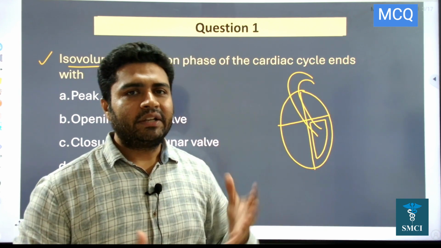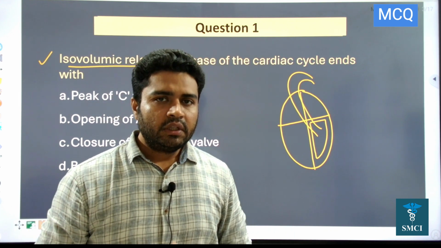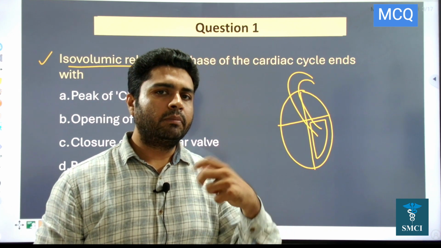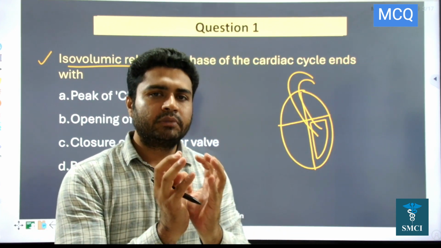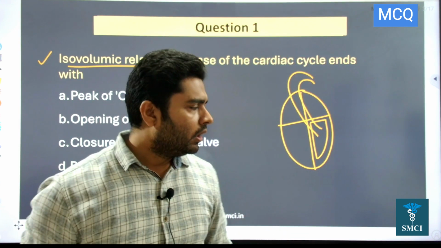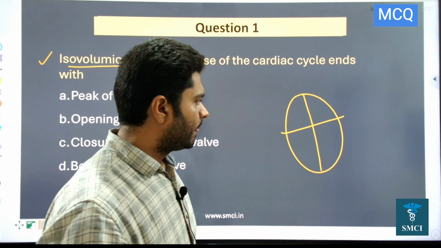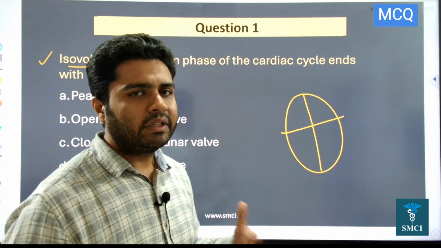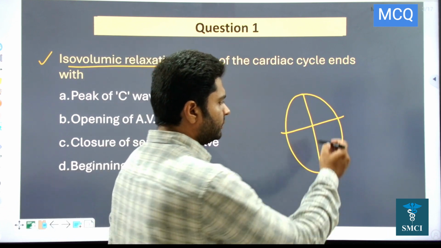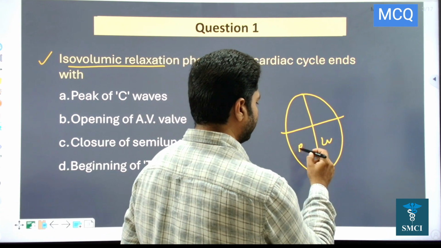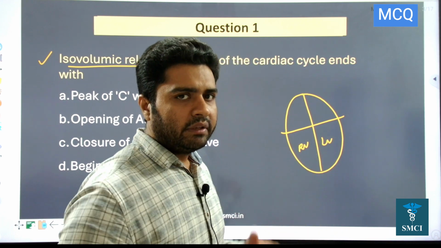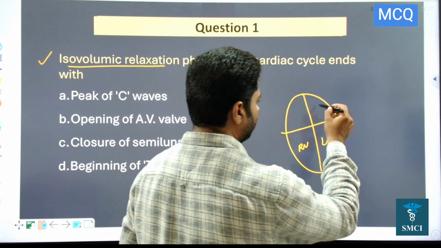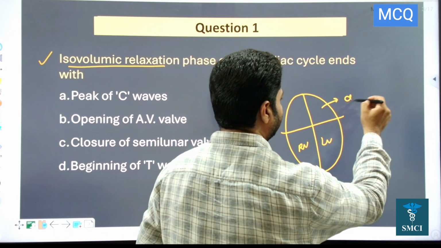That is the isovolumetric relaxation, in which no volume of blood is going out or coming in. Only the muscles of the ventricles are relaxing. So during the isovolumetric relaxation, the left ventricle and the right ventricle are reducing their pressure until it falls below the atrial pressure.